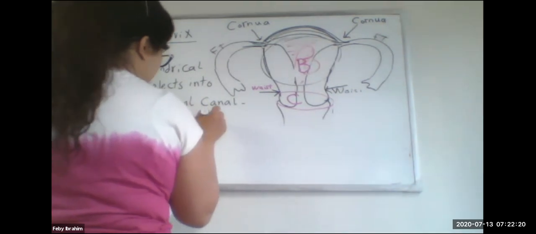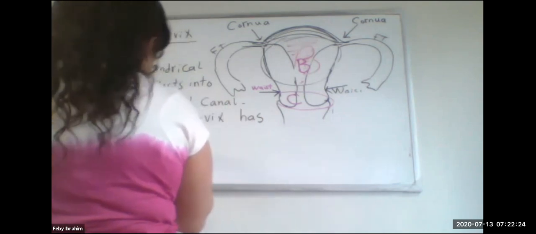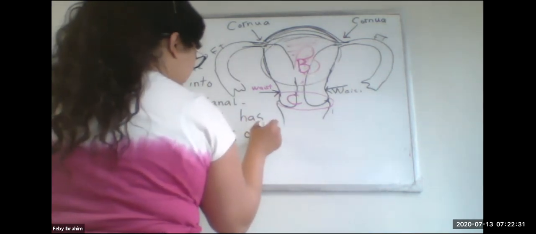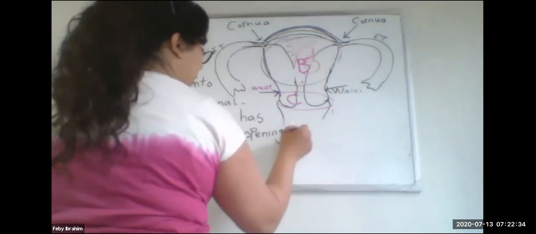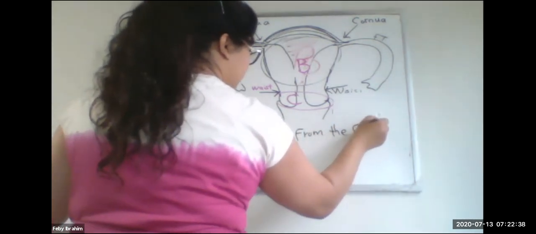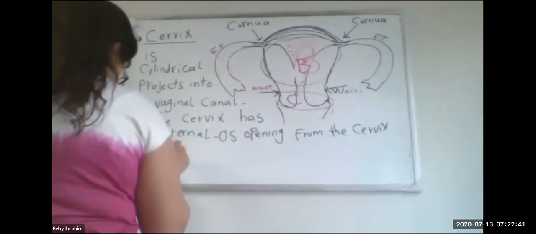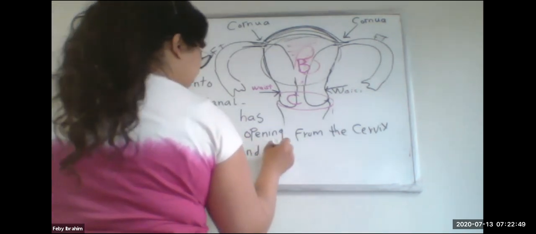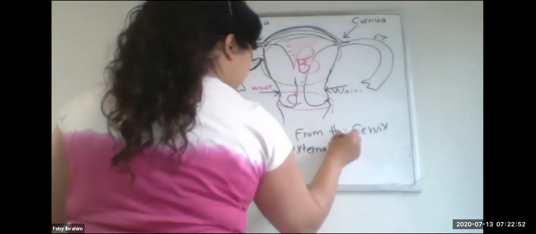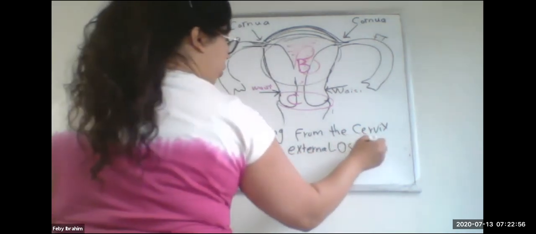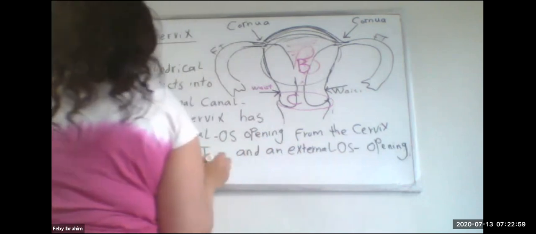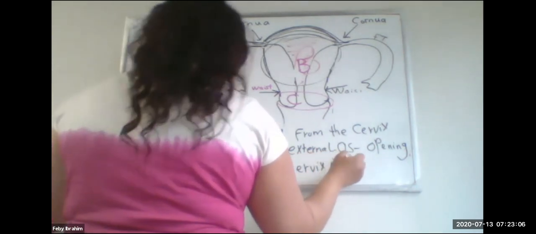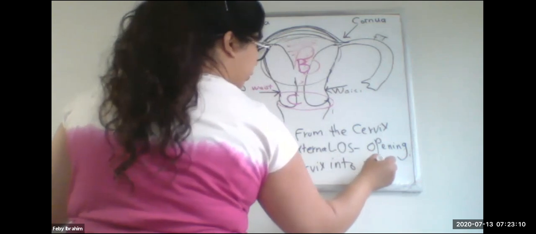The cervix has an internal os, an opening from the cervix into the uterus, and an external os, an opening from the cervix into the vagina.